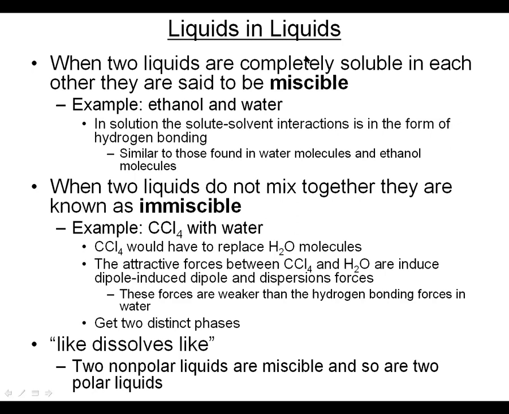Something like ethanol and water would be soluble in each other, or miscible. If you took two liquids that were miscible and put them into a test tube, it would all look the same throughout. Nothing really would dissolve since they're liquids. It would just look like one liquid in there.